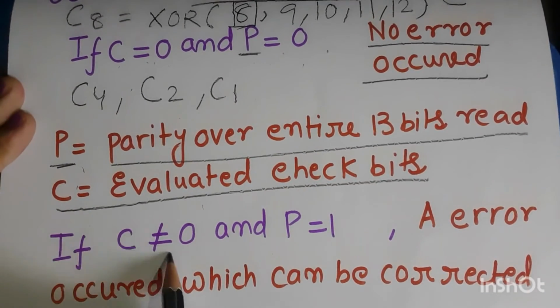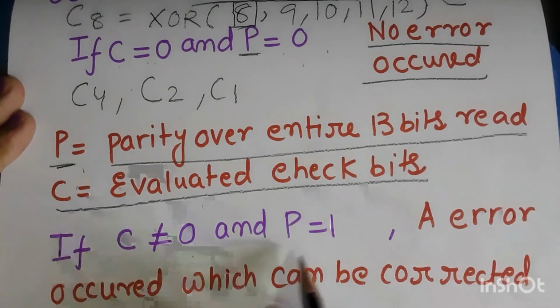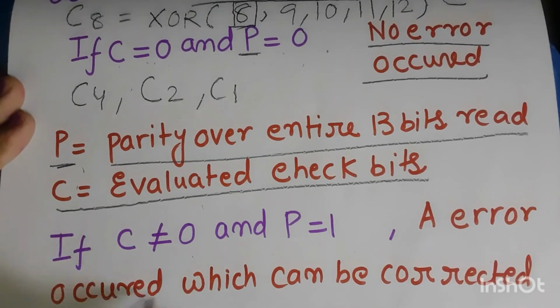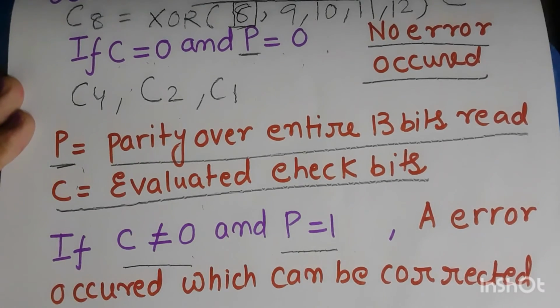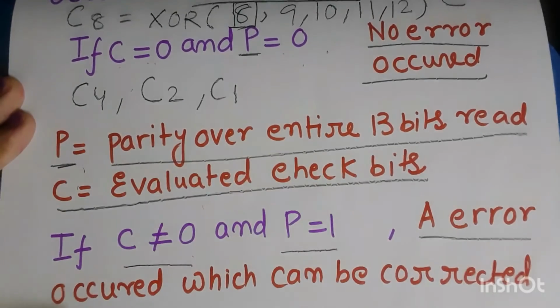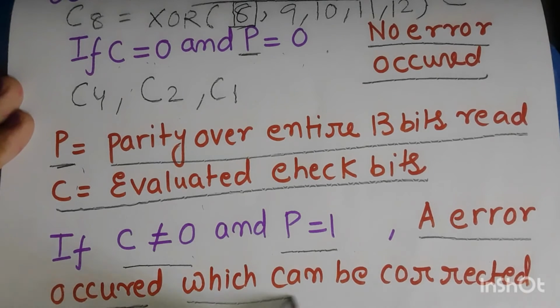If C is not equal to 0 and P is equal to 1, that means an error has occurred which can be corrected.